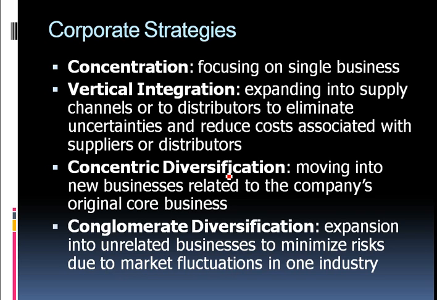Okay. And based on the SWOT analysis, the organization creates a corporate strategy, comes up with the strategy that they will pursue. Okay, our textbook introduces concentration strategies, vertical integration, concentric diversification, and conglomerate diversification.